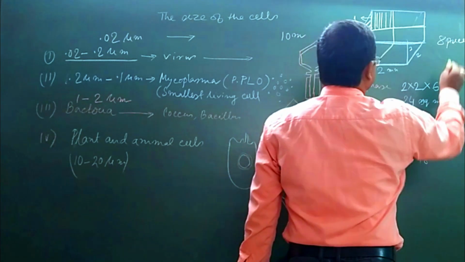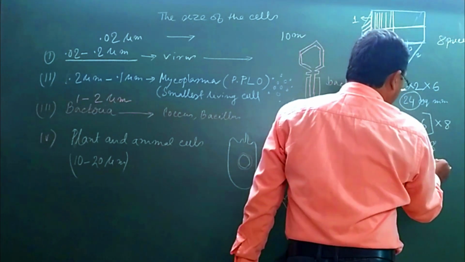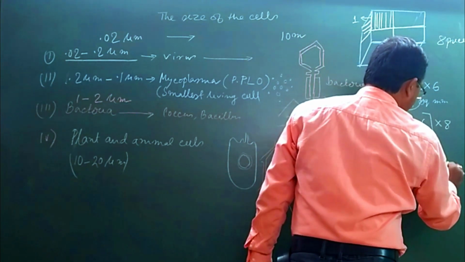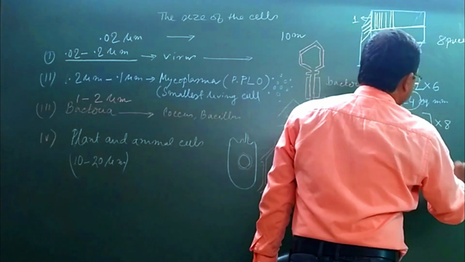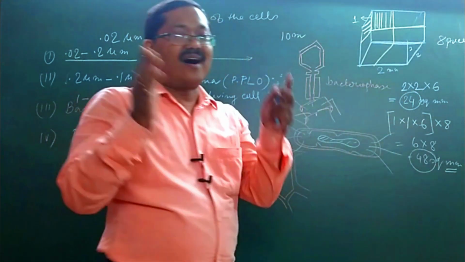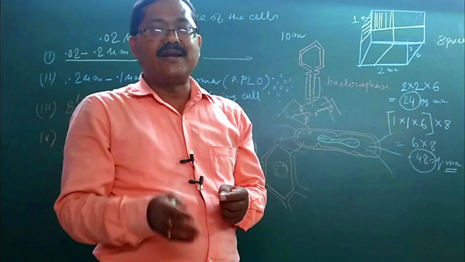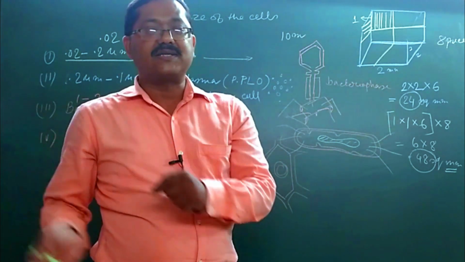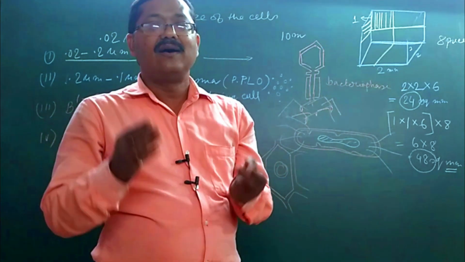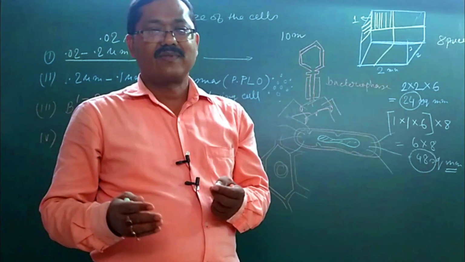That is double the surface area. That means when a large cell is divided into smaller parts, its surface area also increases.